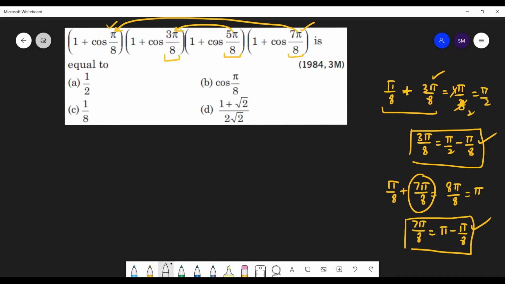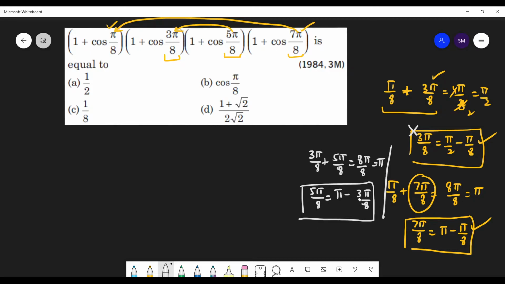So 5 pi by 8 plus 3 pi by 8 we can see. Don't touch this 3 pi by 8, although we can touch it. Let us touch this. 3 pi by 8 plus 5 pi by 8 is equal to 8 pi by 8, so that's pi. So it means I can write 5 pi by 8 as pi minus 3 pi by 8, right?